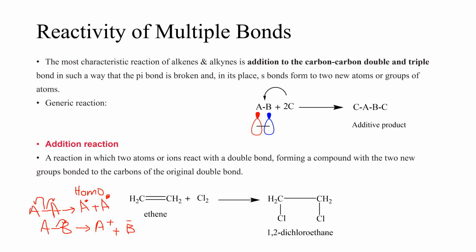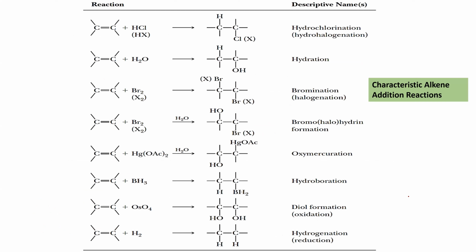The first product will be the haloalkene, right? And lastly, if we keep on adding Cl2 to this one, that will result in the haloalkane. Now we will go to a table giving the characteristic alkene addition reactions.